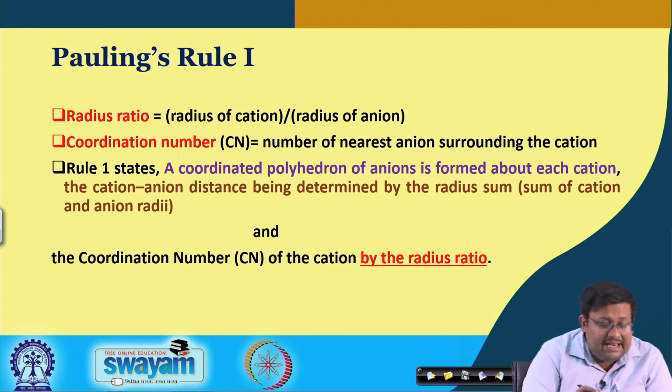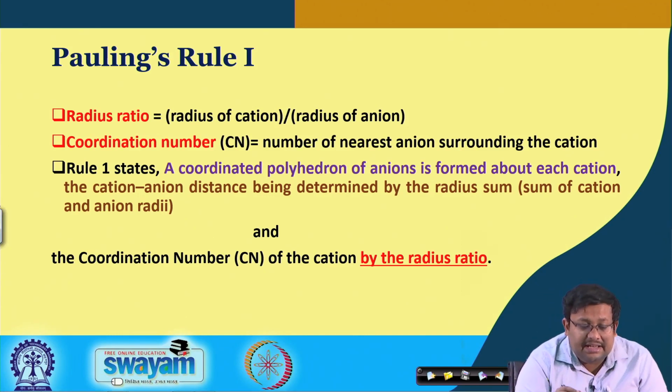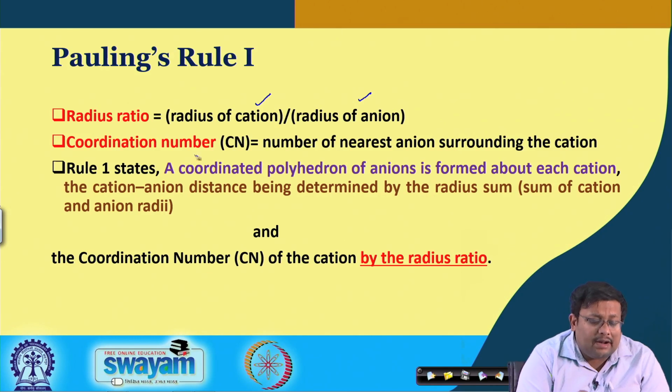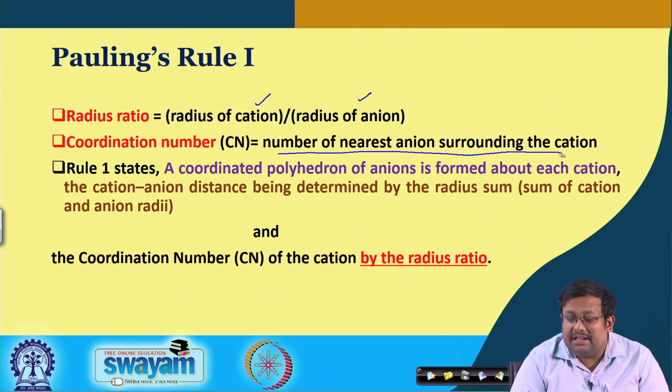Radius ratio is basically the ratio of the radius of the cation to the radius of the anion. And coordination number is the number of nearest anions surrounding the particular cation. These two are very important factors while discussing Pauling's rule number 1.